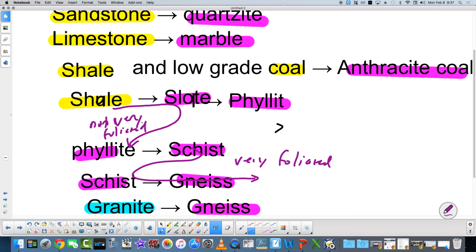And so you can imagine a situation where we have a shale, heat and pressure is applied to it, and it turns into a slate. And then that slate continues to experience heat and pressure and becomes a phyllite. And that phyllite continues to experience heat and pressure and becomes a schist. And that schist continues to feel heat and pressure and becomes a gneiss.